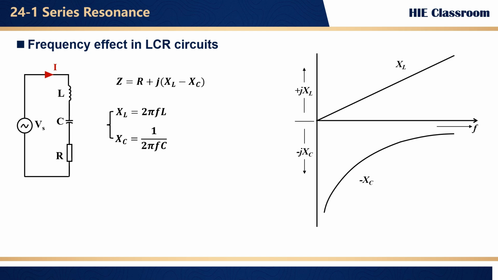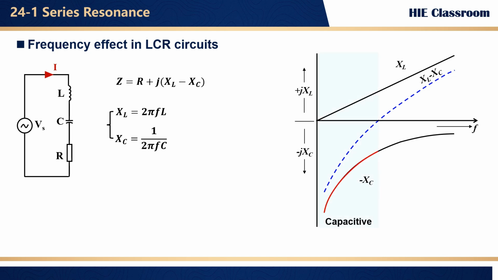The total reactance, the difference between XL and XC, is what really matters here, and we've got that drawn as a dashed line on the graph. So what's happening? At low frequency, XL is tiny compared to XC, so the total reactance, XL minus XC, ends up negative and big.